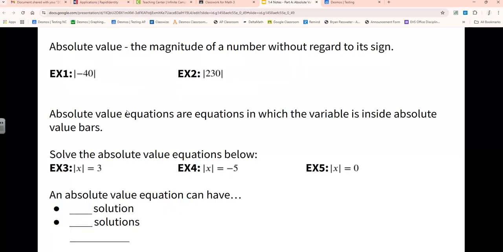So let's talk about absolute value a little bit. The absolute value is the magnitude of a number without regard to its sign. So you should have learned about absolute values before. What is the absolute value of negative 40? It is positive 40.